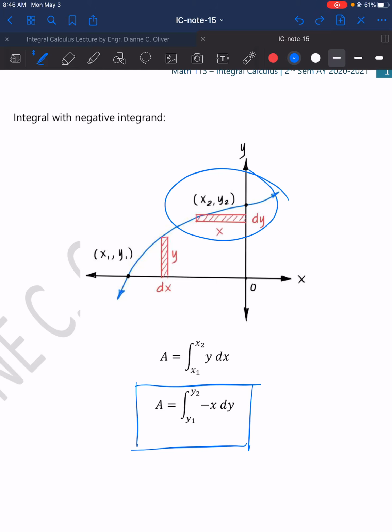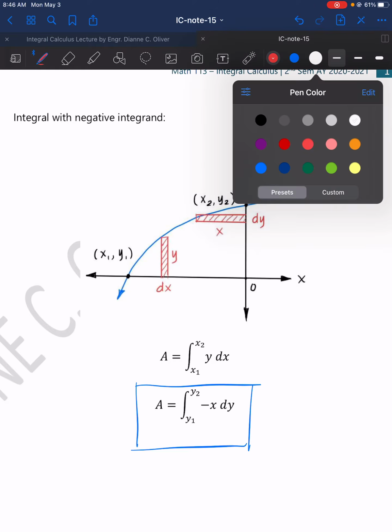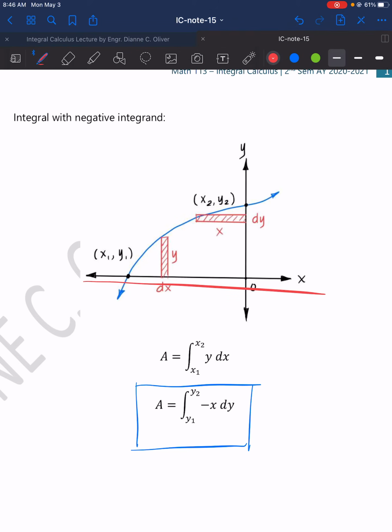Again, defining the limits: the lower limit is the lowest point at which the boundaries intersect, and the boundaries here are the x-axis, the y-axis, and the curve. So those are the boundaries, and we are considering this area here.